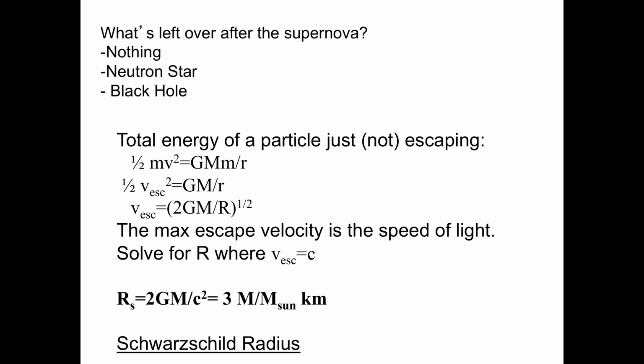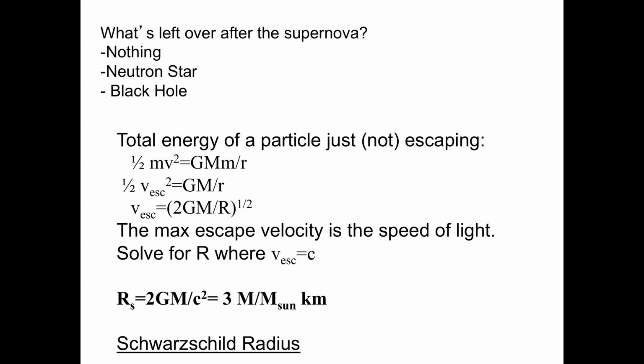We can look at some of the properties of black holes in a very simple way, which is to look at the issue of how much energy a particle would have if it's just at the point of just not escaping, so at the boundary between being able to escape from a gravitational field and not escape.